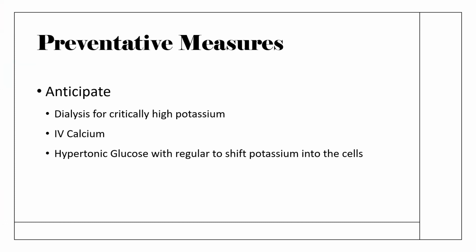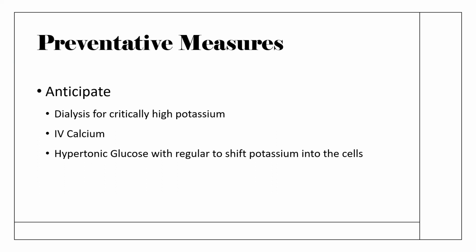We're going to prepare for IV administration of hypertonic glucose with regular insulin, because we're giving insulin to move the potassium out of the bloodstream back into the cells.